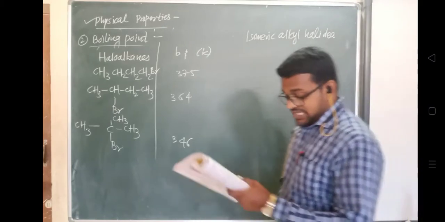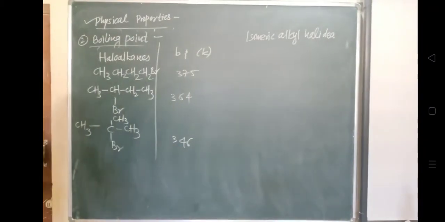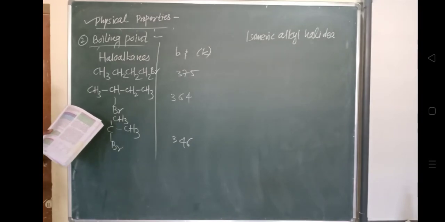So for these isomeric alkyl halides, the boiling point decreases with increased branching.